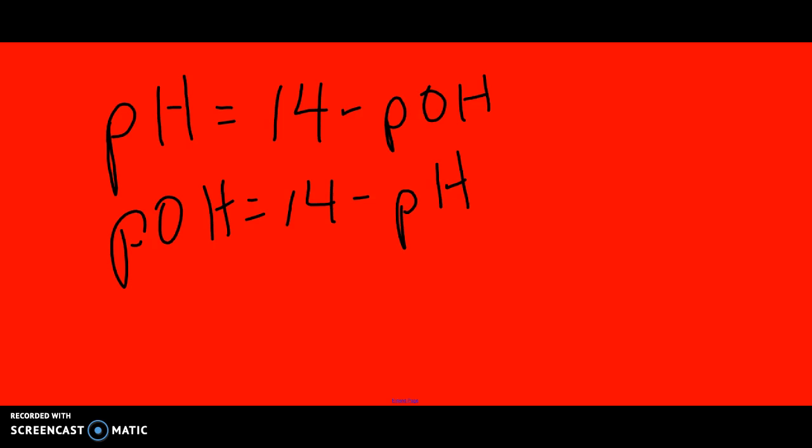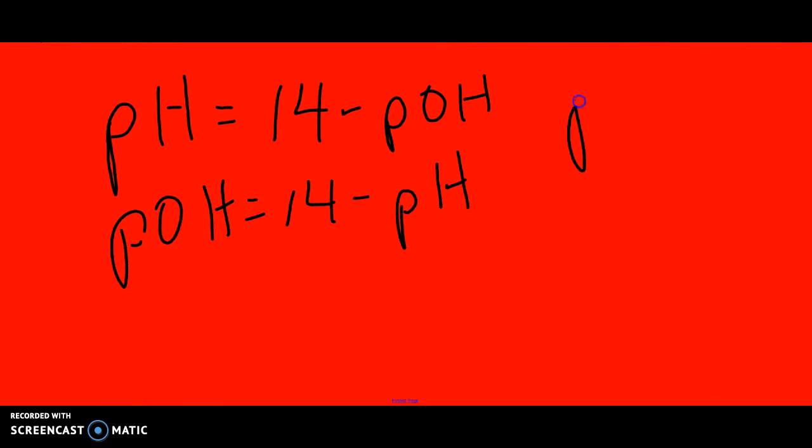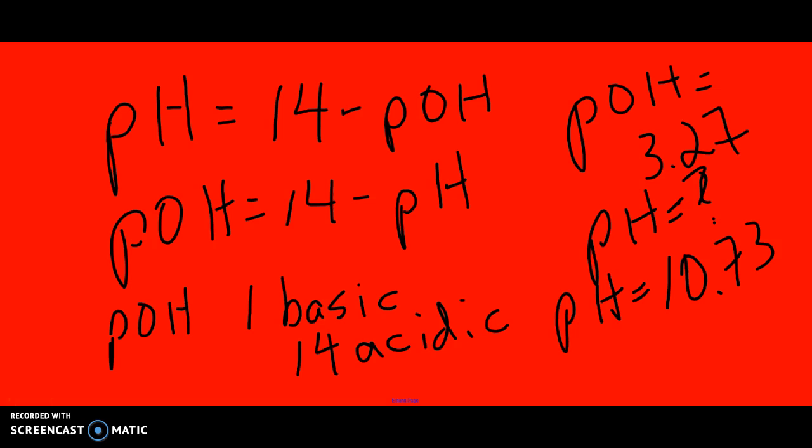So let's look at our last calculation. We have a pOH of 3.27. So what would the pH be of that solution? Trusty little calculator out. The pH is equal to 10.73. Basic, right?